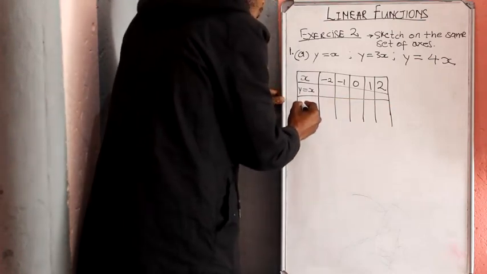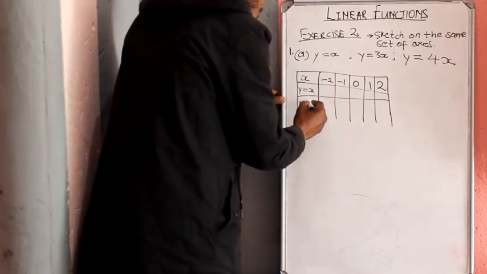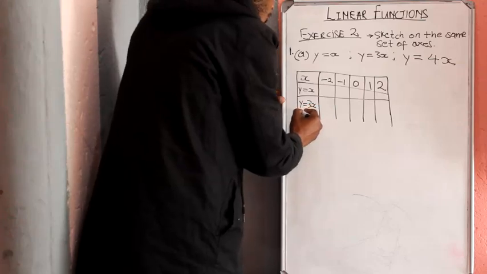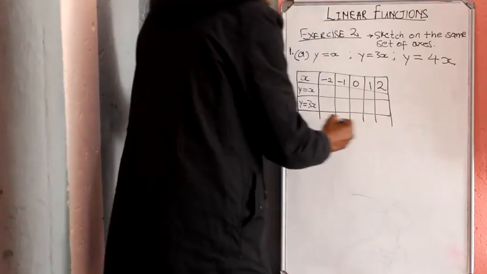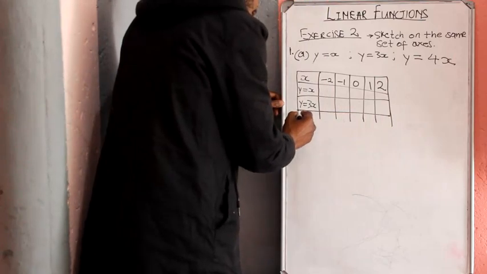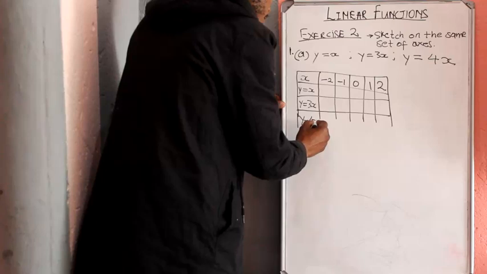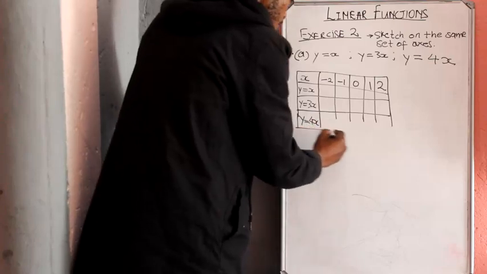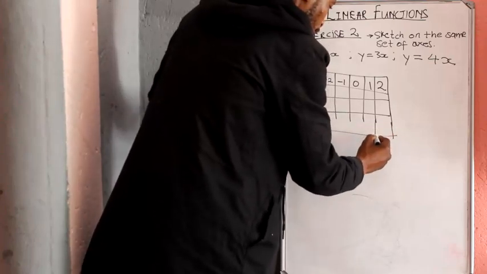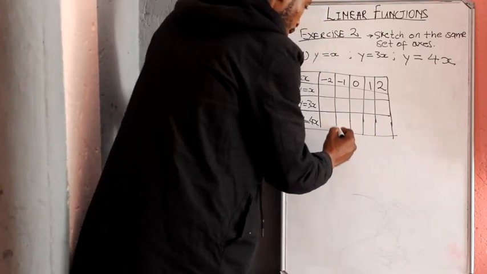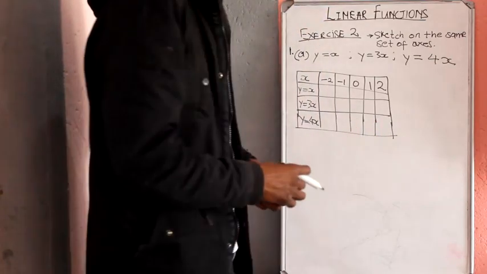The same we're going to do for y equals 3x. You substitute and find y, and then for y equals 4x, find the value of y. And then after that, we're going to sketch the graph.